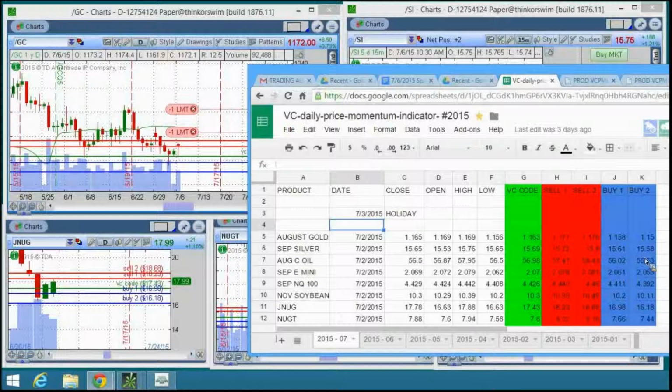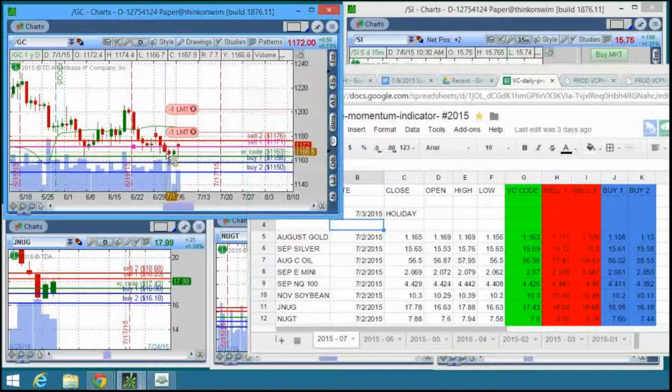The algorithms told us that as we came in Monday, look to take profits in gold at 1171 to 1176, or you buy it at 1158 to 1150.